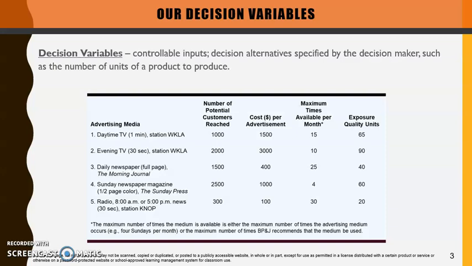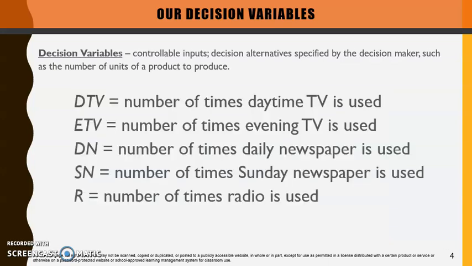When you specify the number of advertisements as the decision variable, when the number of advertisements, for example, for the fifth medium, that is radio, is 0, it means that the model recommends not using this medium. So the decision variables are the things that you see in front of you. We have 5 decision variables.